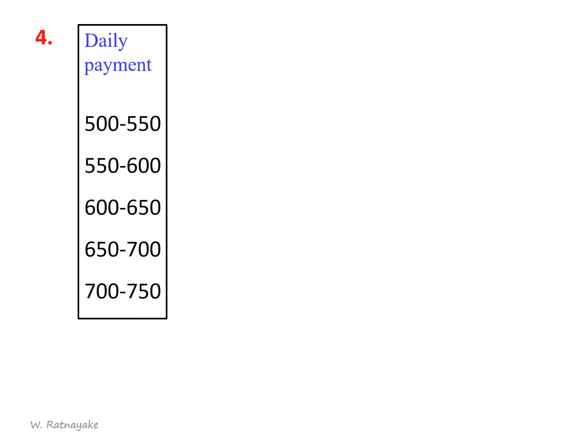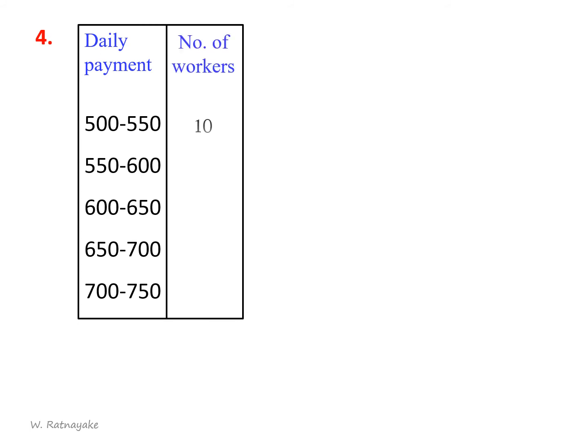Now this 10 represents the number of workers who get a daily payment within the range of 500 and 550. This 10 belongs to the entire class interval.